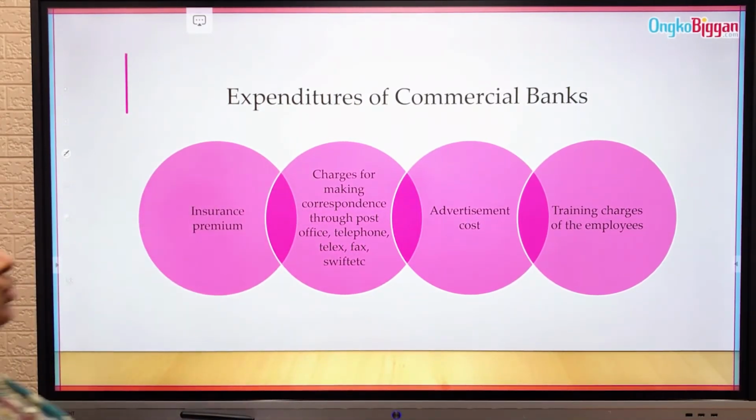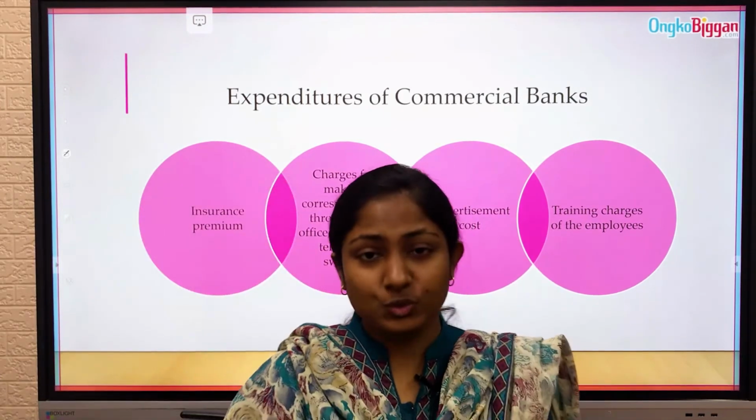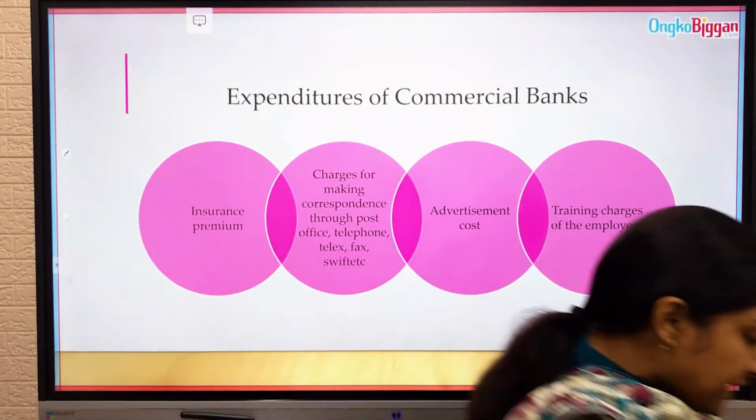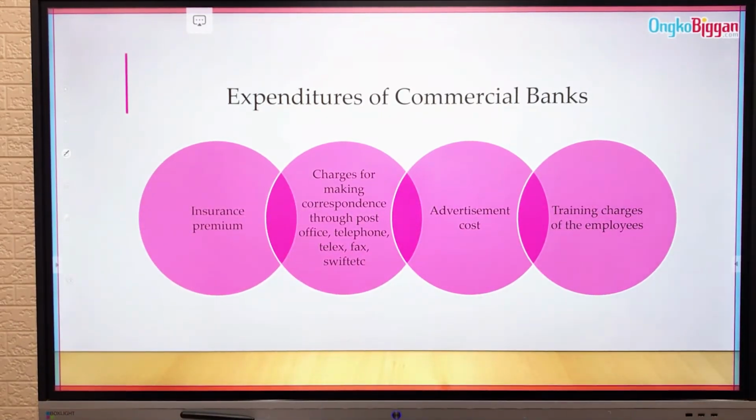So to improve your brand name and your image, you definitely have to pay some amount of money. This is called the advertisement cost, and it is considered an expenditure of commercial banks. Another one is training charges of the employee.